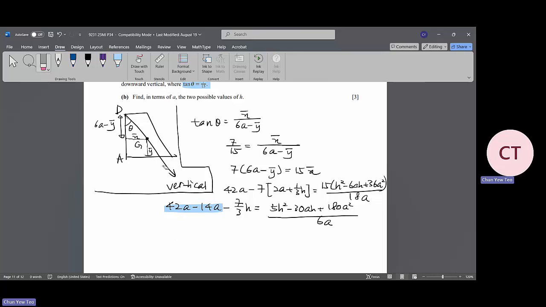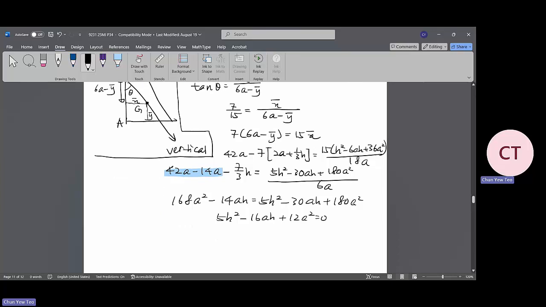Okay, so this one will give you 168A square minus 14AH equal to 5H square minus 30AH plus 180A square. So you will have 5H square minus 16AH, then plus 12A square is equal to 0. Okay, you have something like that.